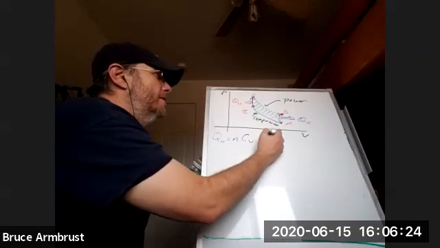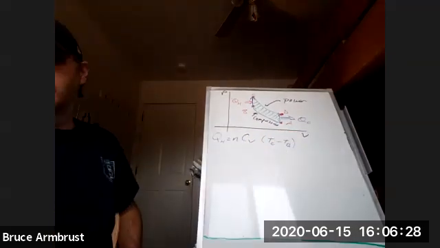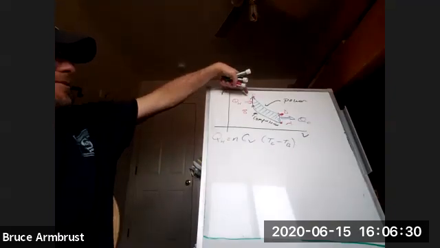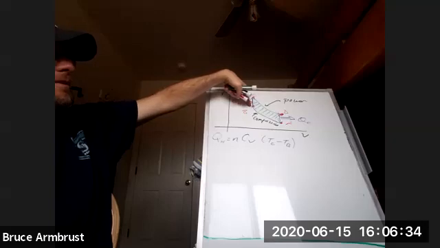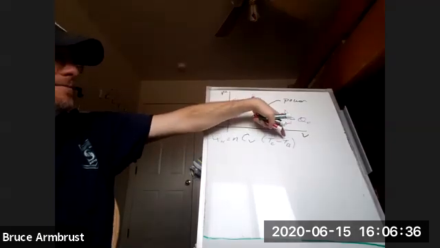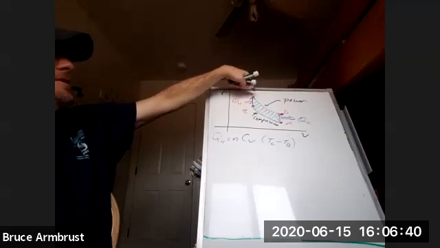I'm going to call this TC minus TB to correspond to the numbers of the points, right? There's a certain temperature when we're at point B. I'm calling it TB. And there's a certain temperature here, TC.